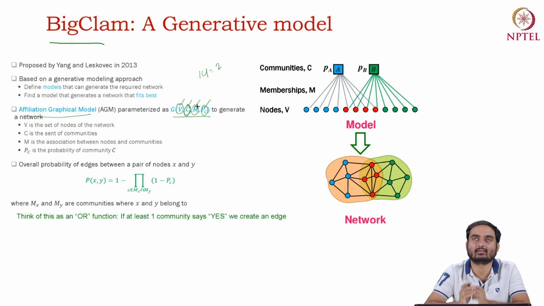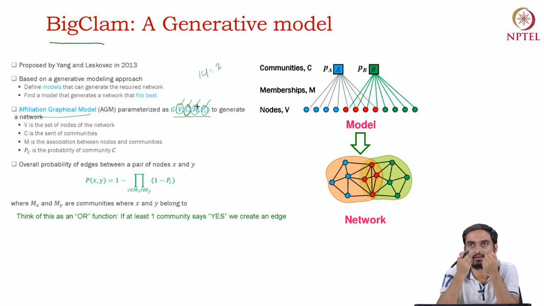If two nodes are part of a community, it is highly likely that they will be connected. If two nodes are part of multiple communities, it is even more likely that they will be connected. So based on the community affiliation of a pair of nodes, we will decide whether they are connected or not.